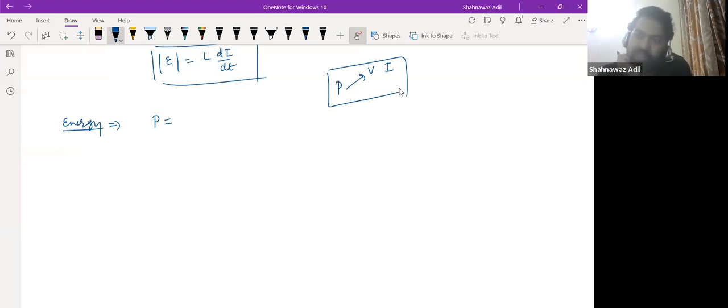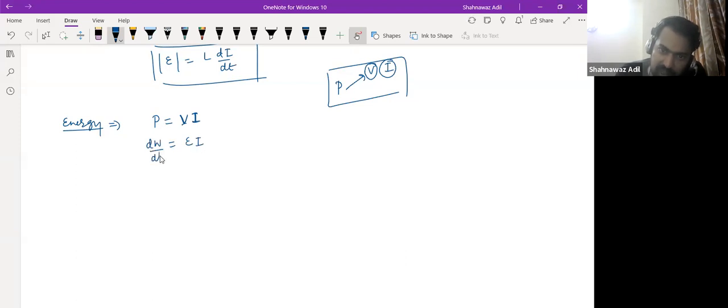Power is voltage into current. It can also be I square R, but we don't have resistance, we only have voltage and current. So power would be simply VI, so I can write this as EI, the rate of doing work.